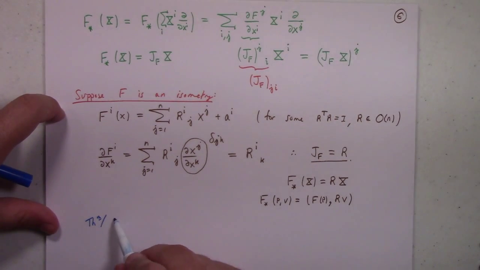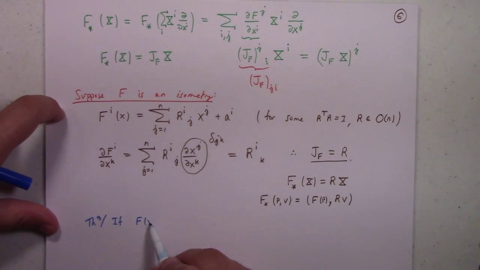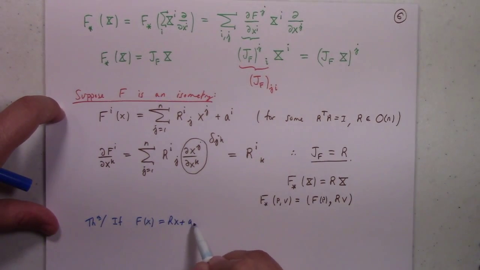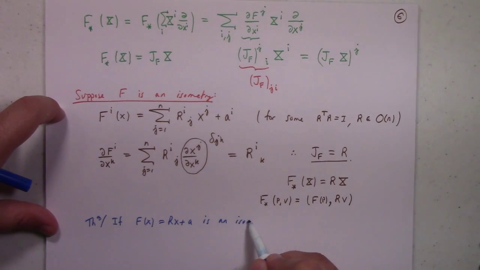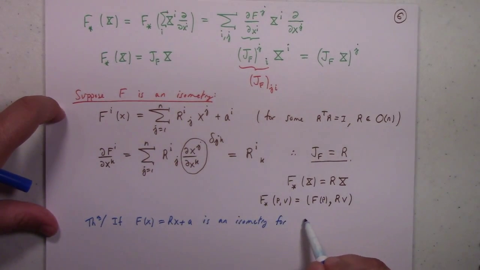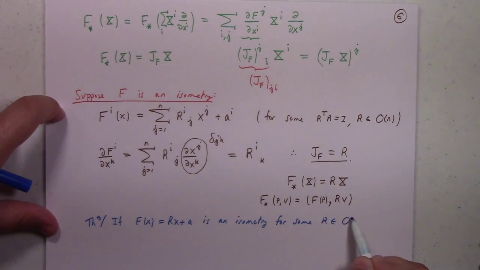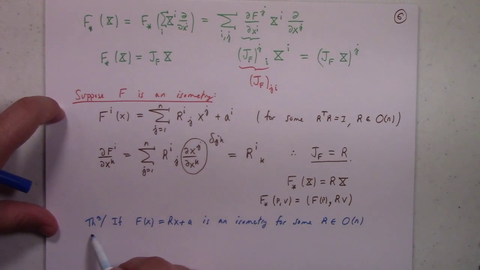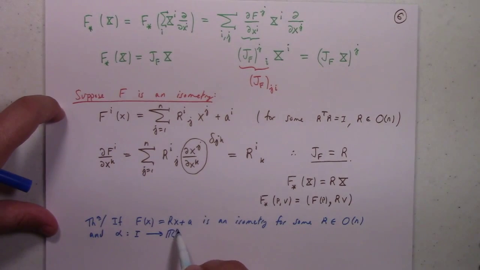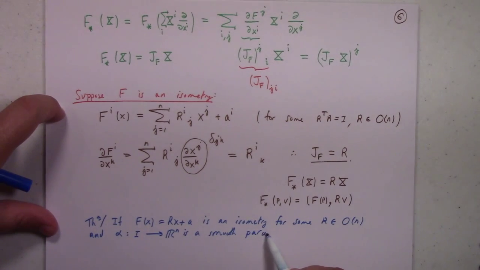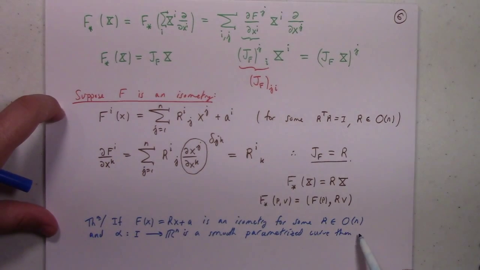So we have an isometry: if f of x equals Rx plus a is an isometry for some orthogonal R, and alpha from I to Rn is a smooth parametrized curve, then for k in the natural numbers, we have the following.